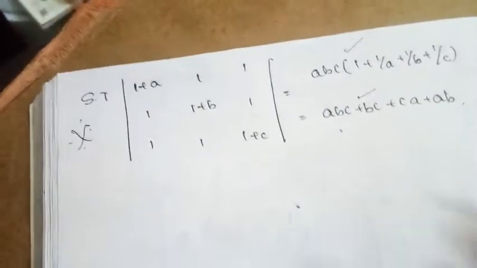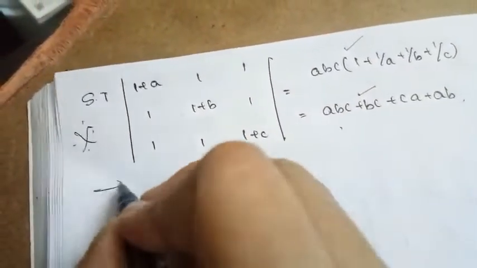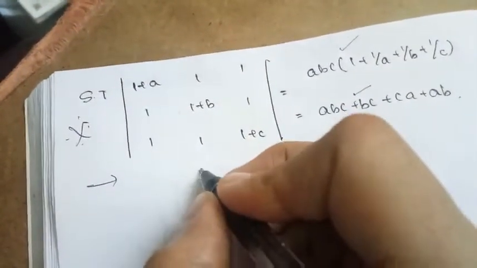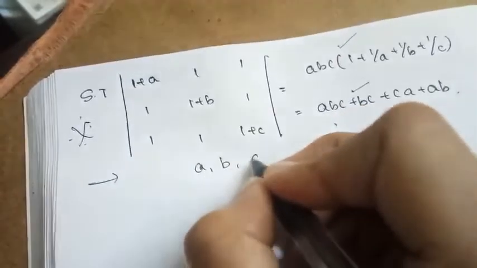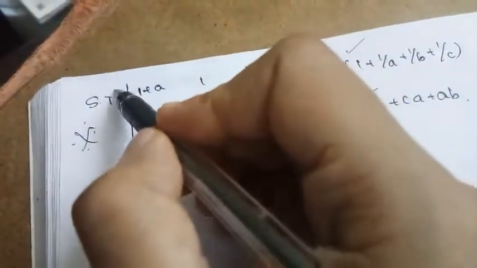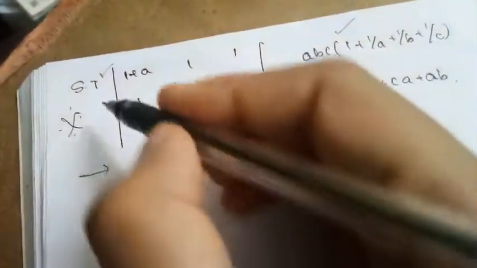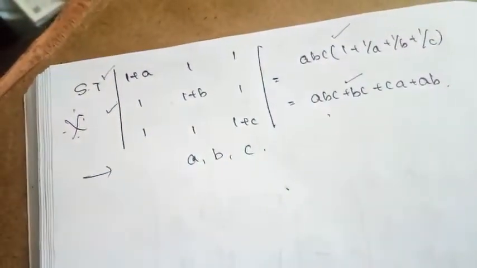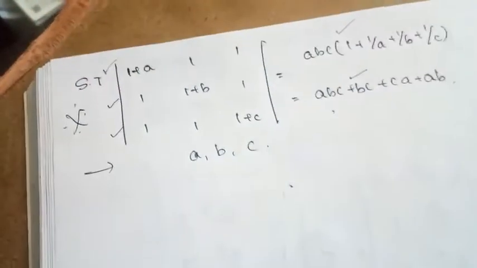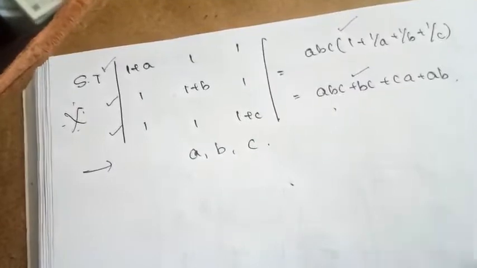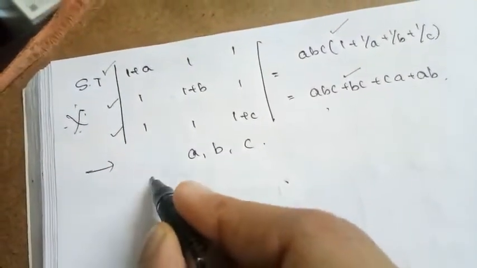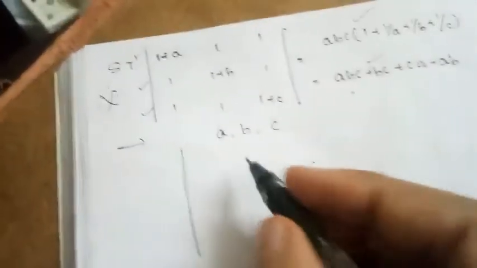So what is the first thing I am doing here to solve this one? I am taking A, B and C common. A is taken common outside from the first row, B is taken common outside from the second row, and C is taken common outside from the third row. So by taking that common outside, how does this determinant become?